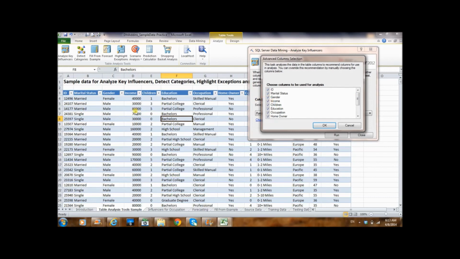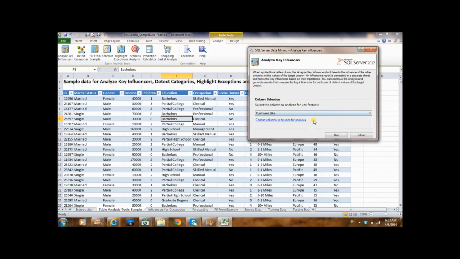ID is just random sequential numbers with no content, so we don't need it. You can also use gender, income, children, education, all those. Okay, we want to know about bikes. Run.